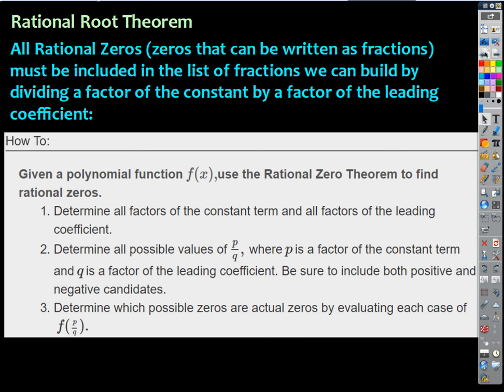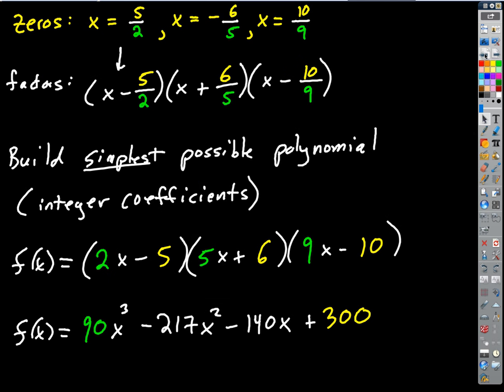And we looked at a couple examples last week at the end of the week, where we found the polynomial that I build from these rational zeros, x equals 5 halves, -6 halves, and 10 ninths. The simplest one we can build ends up having a 90 as my leading coefficient and a 300 as my constant.